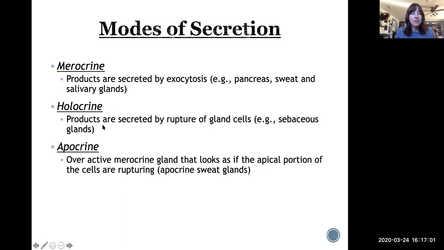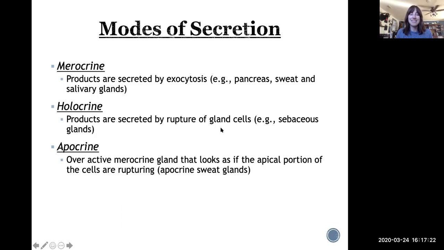Holocrine glands are exocrine glands by which the products are secreted by rupturing the gland cells themselves. So sebaceous glands, sebum is an oil, right? This is the stuff that gives you pimples, right? So it's those sebaceous glands in your skin that get clogged up.